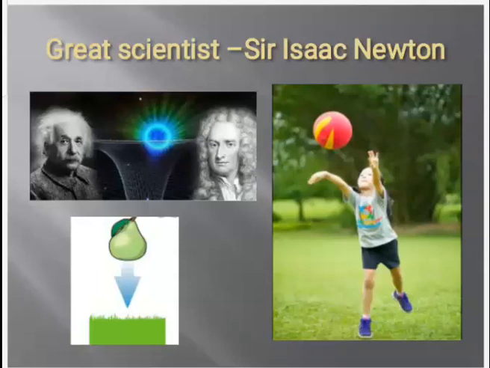Then Graham Bell invented the telephone, and now today our mobile has become a part of our life. Thomas Alva Edison invented the bulb, and today we are using electricity. So all these scientists' inventions and discoveries, we came to know only because of history.